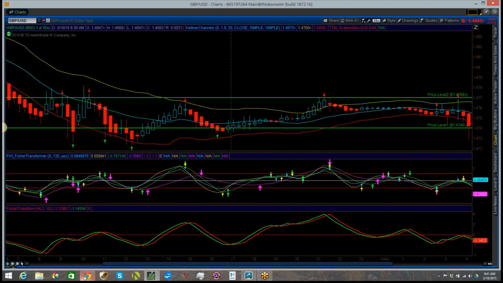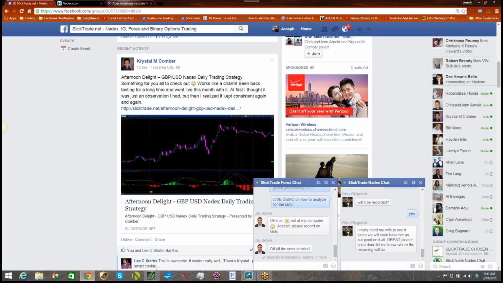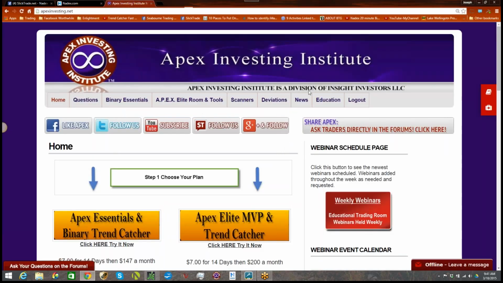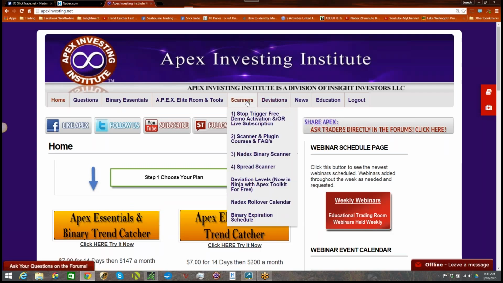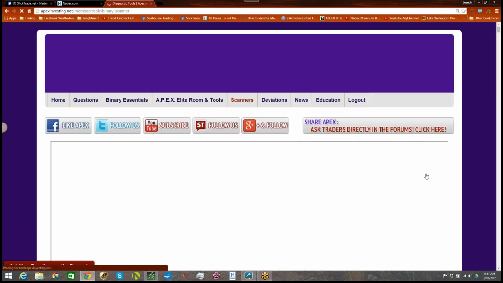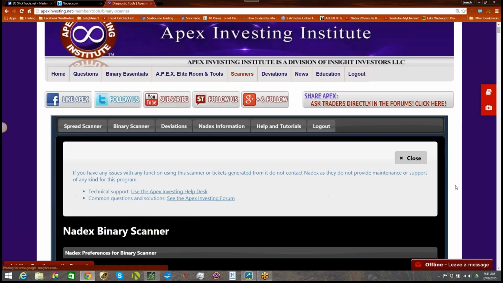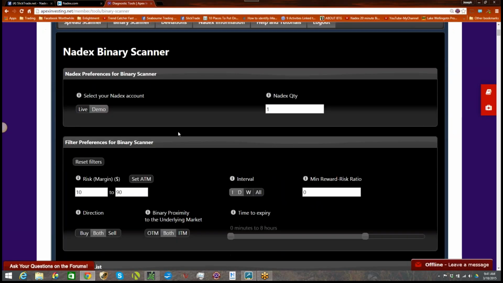And just to show you what I will do, I'm a big user of the Nadex binary scanner. Once I log in, I will go to the scanner, Nadex binary scanner, and go to the menu. Then I will already be connected to my Nadex account.